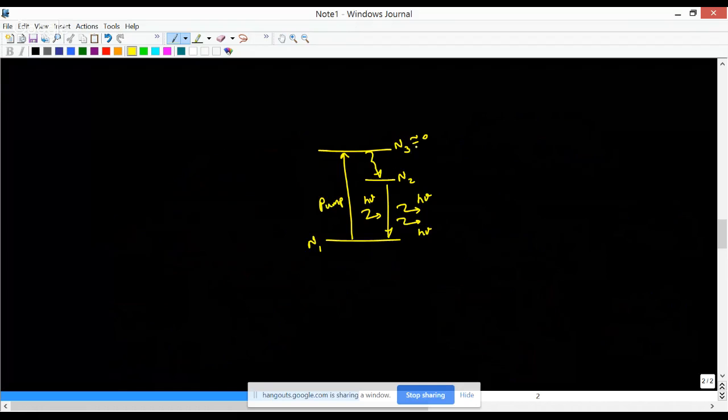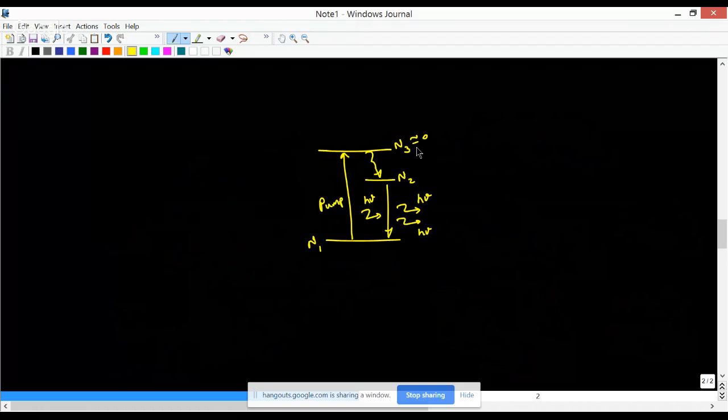So N3 is typically negligible. So we are essentially talking about the atoms being either in the excited state or in the ground state. So you have either N2 or N1 representing the total number of atoms.